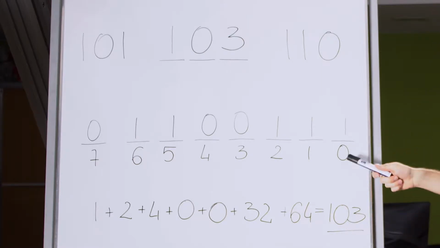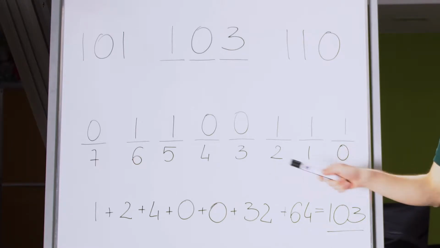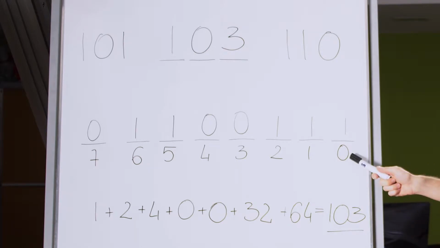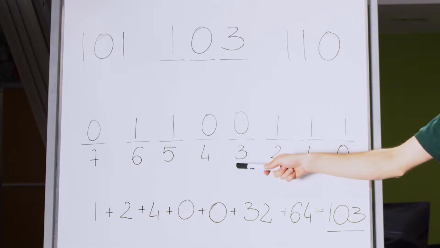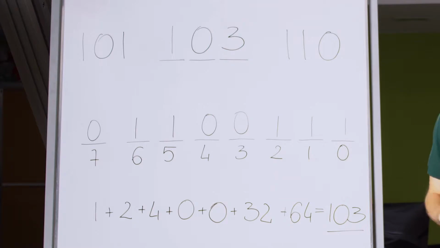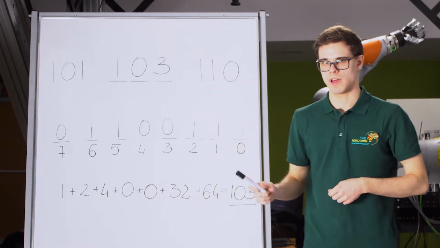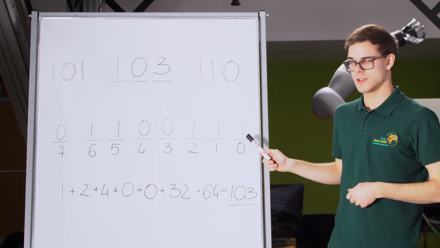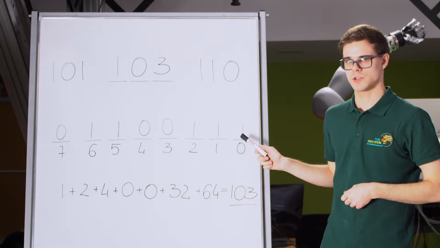The youngest bit is at the right and its value is 2 to the power of 0. The power increases by 1 with each position to the left. So, the value of the first bit is 1, the value of the second bit is 2, the value of the third bit is 4, the value of the fourth bit is 8, and so on. To get a given number, you need to multiply the value of each bit by 0 or 1 and add values from each position.